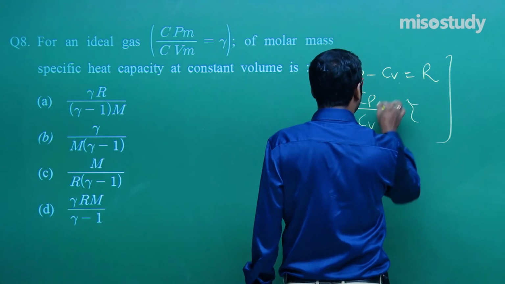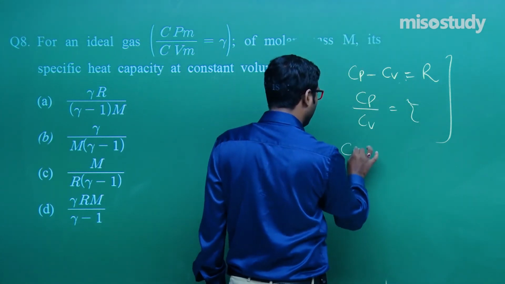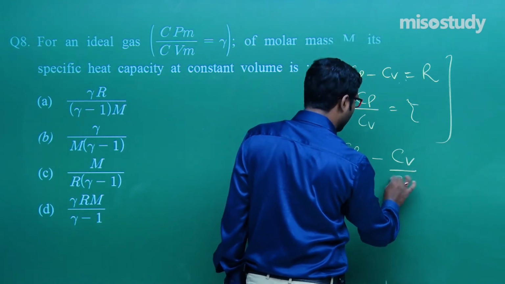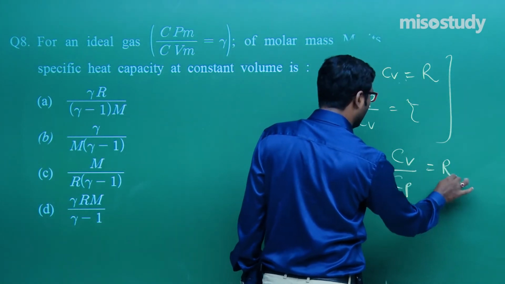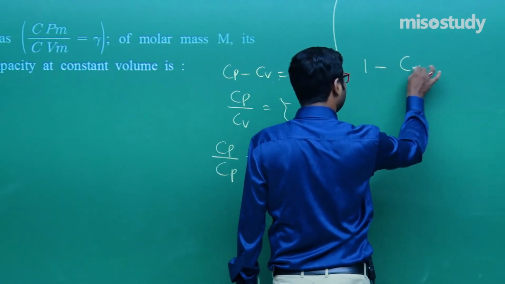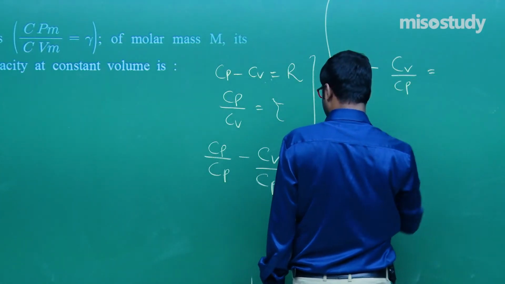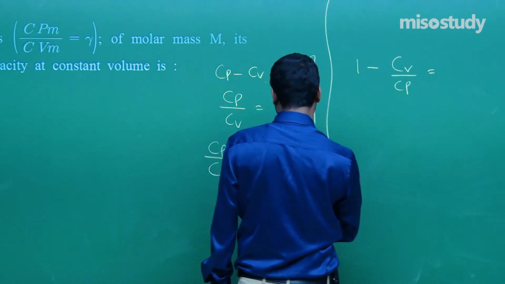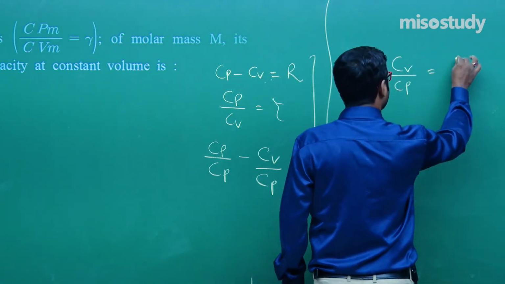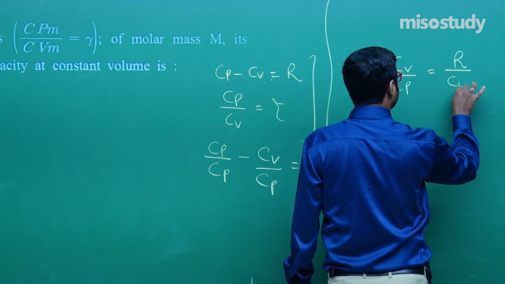If I divide Cp minus Cv by Cp, it is equal to R upon Cp. So in this case, 1 minus Cv upon Cp is equal to R upon Cp.